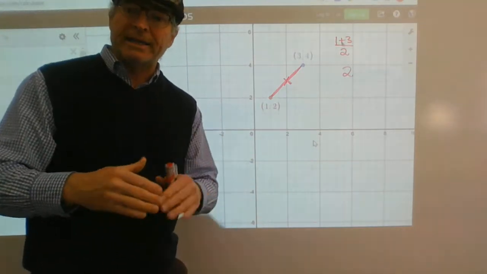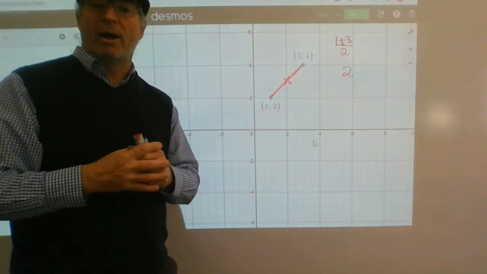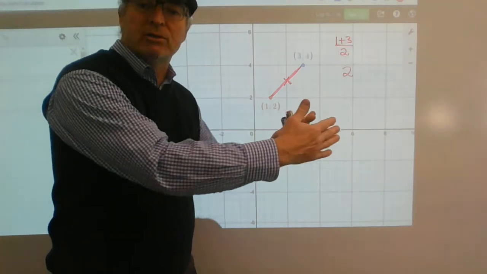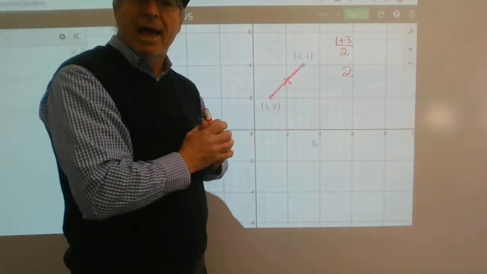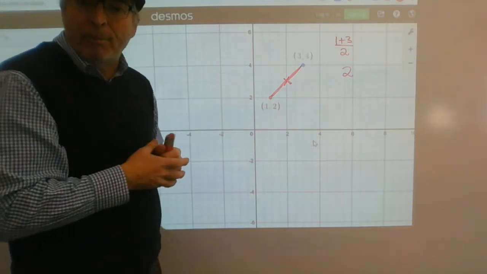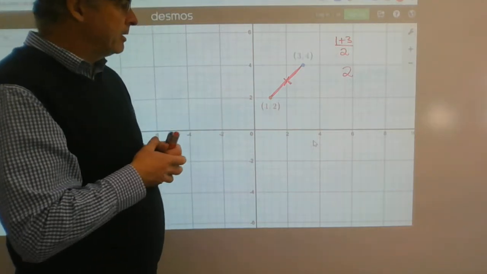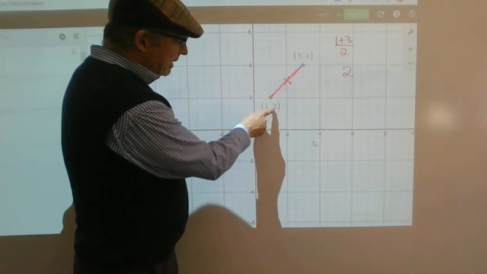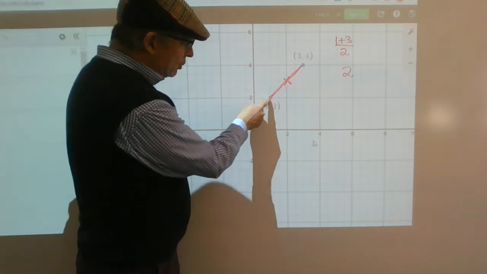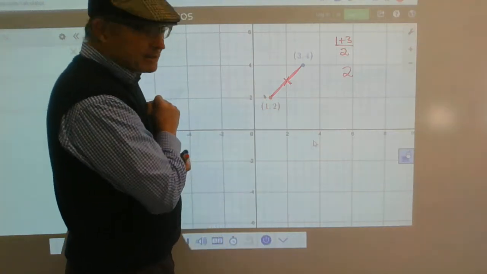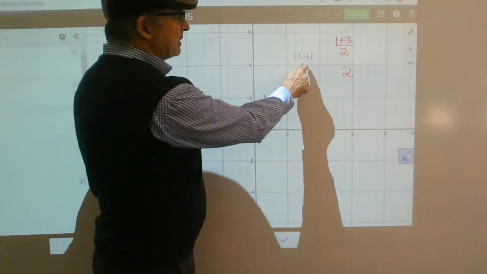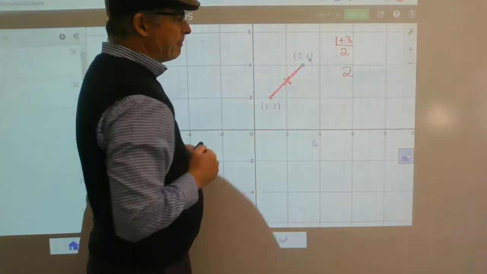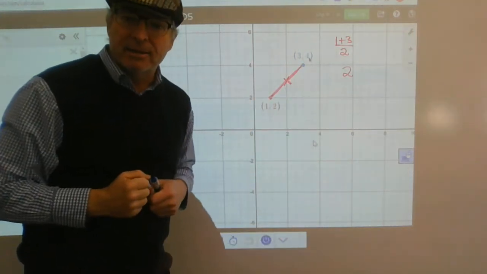But of course, a point has 2 coordinates describing it, an ordered pair. The first number, how far across from the y-axis we are, and the second number, how far up from the x-axis we are. Stands to reason that if this point's second number is 2, it's 2 units up from the x-axis. And if this point's second number is 4, it's 4 units up from the x-axis.